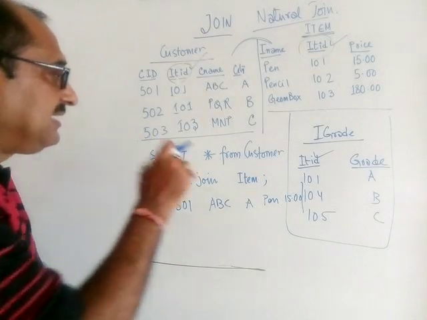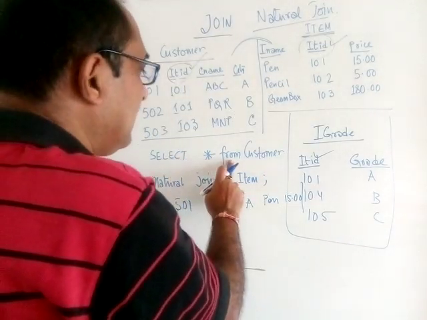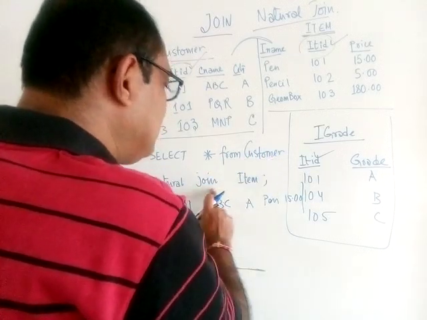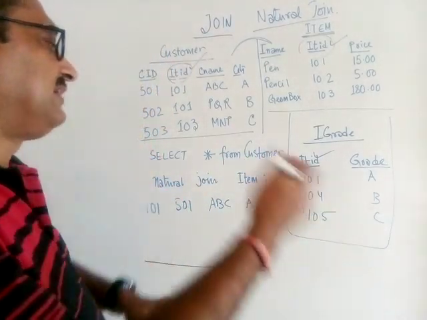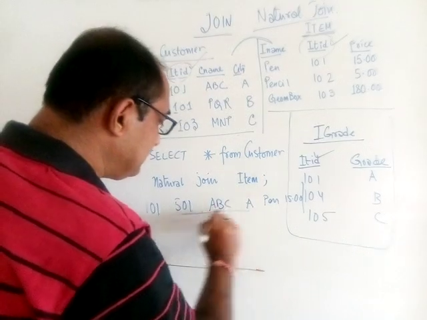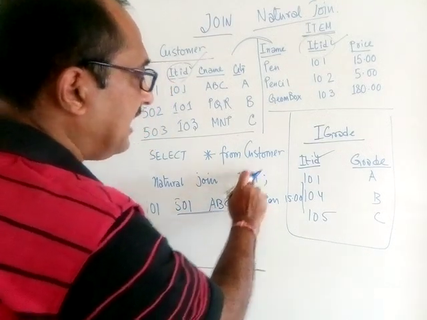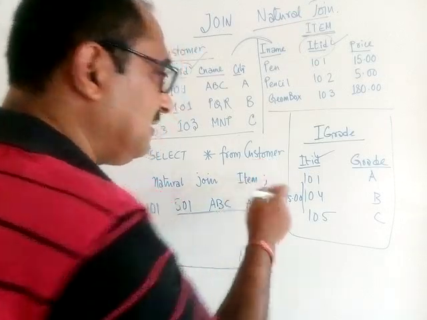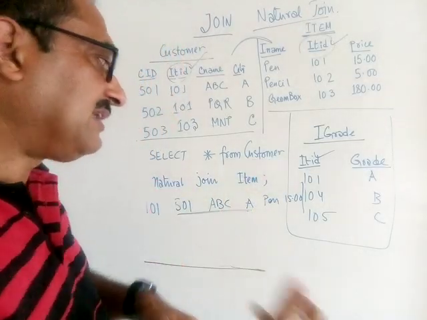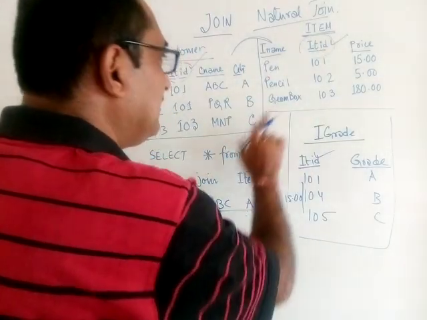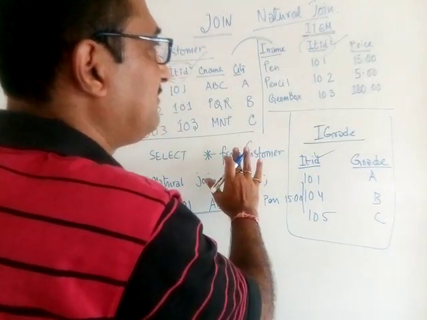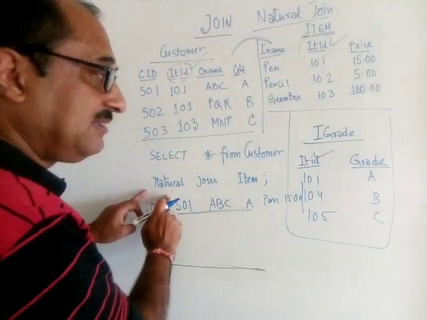Now, if we write it in a different way, if you write select star from item, natural join customer, then the other way around will happen. Now look at this: here the columns from the customer table came first. If we wrote item first and then customer, then it would have been the other way around, like the item table's columns would have been displayed first. ITID will always be at the beginning.